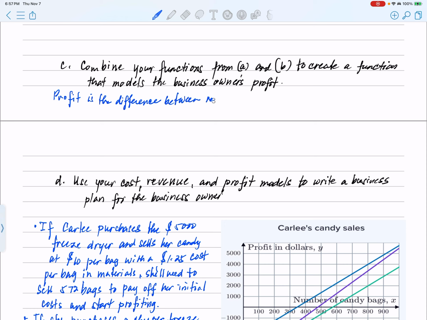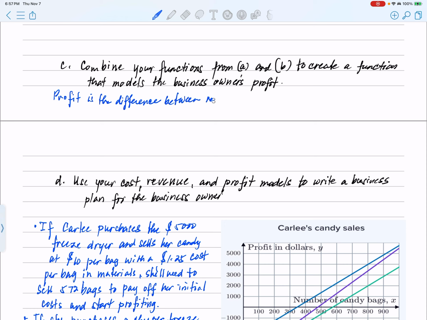What is Carly's revenue function? That is the equation in B, that is how much she sells each bag for, R of x equals 10x.